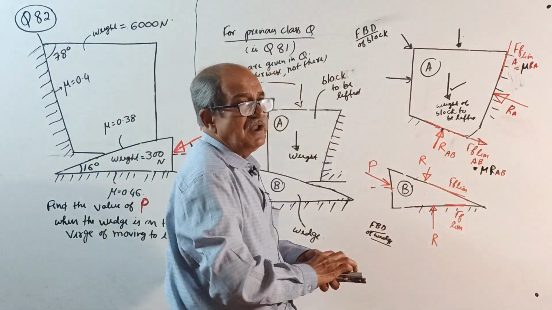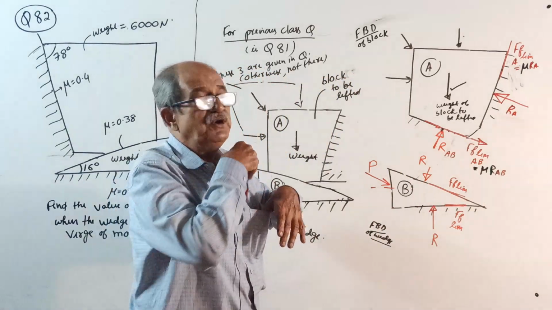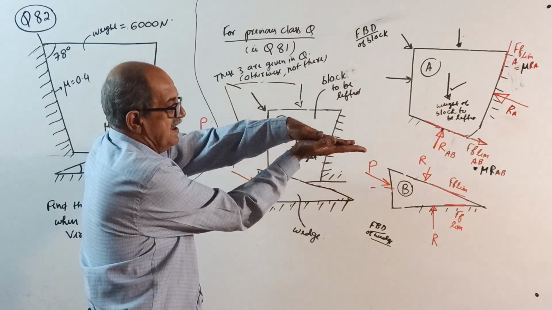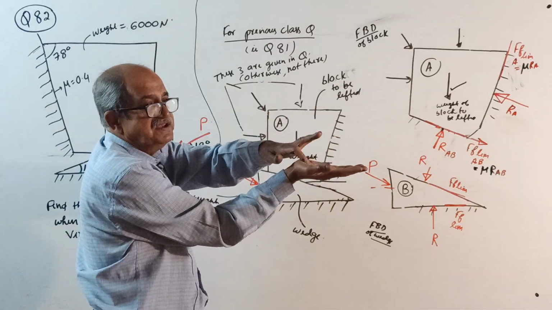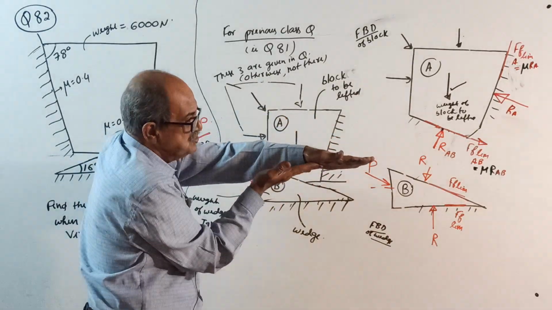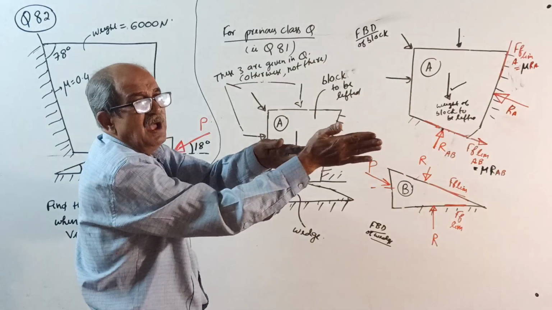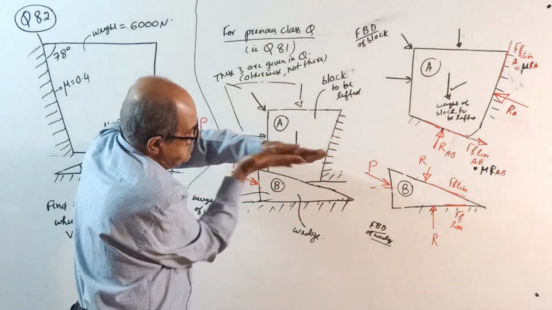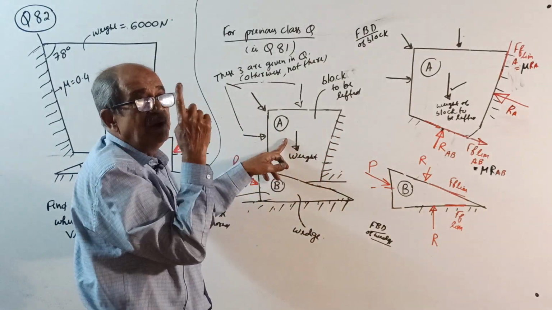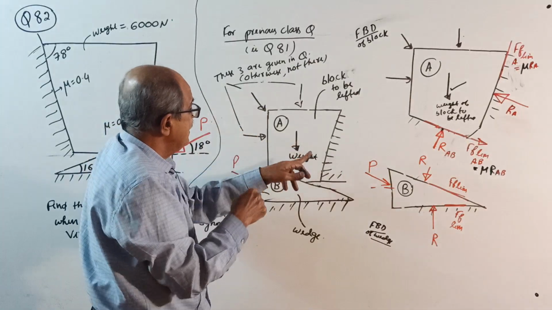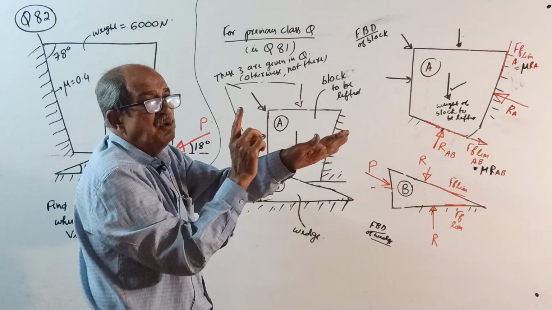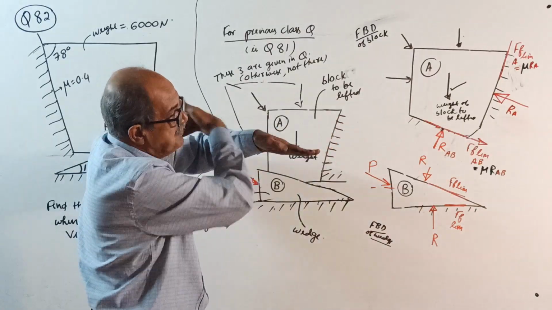Or, one more thing I will tell you, last, in future I won't tell. Hold the finger here, lower hand, wedge. As the wedge moves that way, it will rub this one, you can make out. Or, as the wedge moves this way, somebody seeing relatively, this block A looks like moving to the left side.